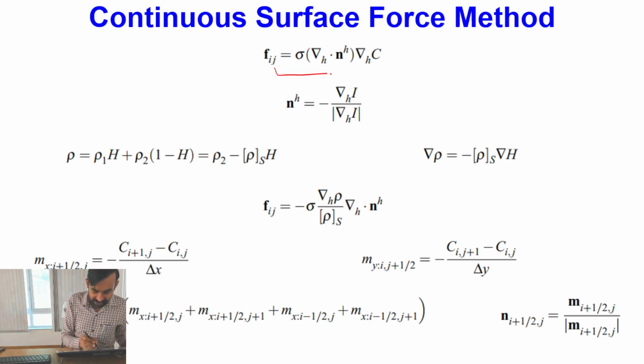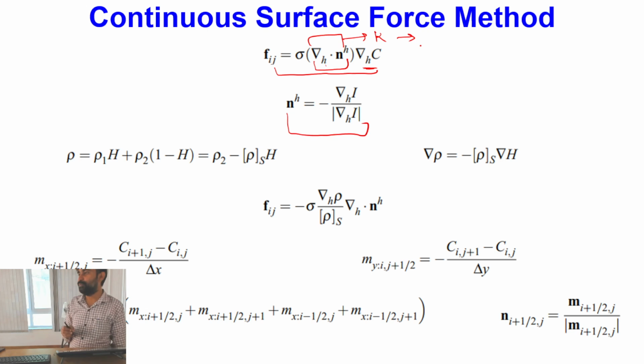Okay, so now this is my equation, and in this equation, gradient of H and H and gradient of HC is there. What is this gradient of H and H? Please tell me. This is, yes, kappa.